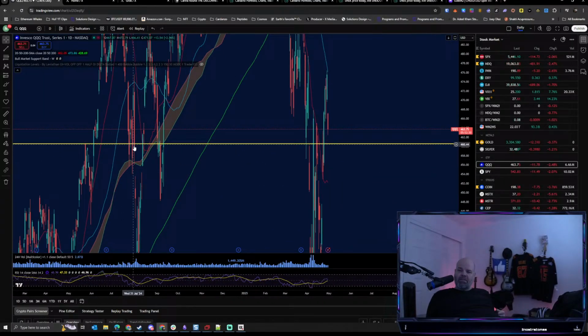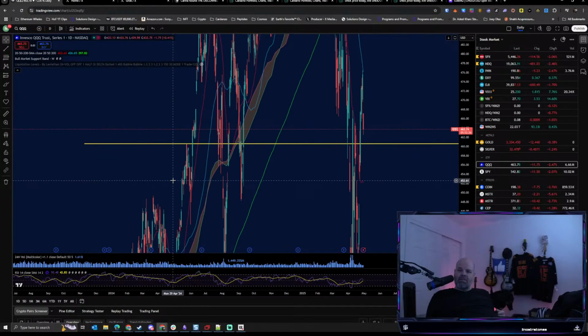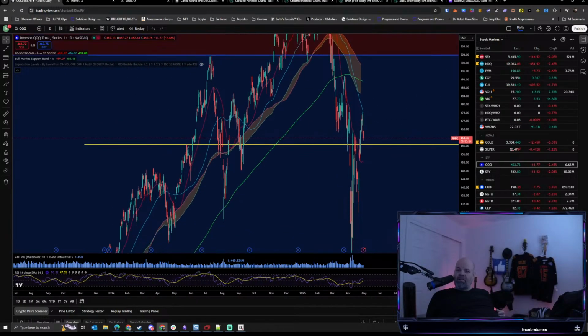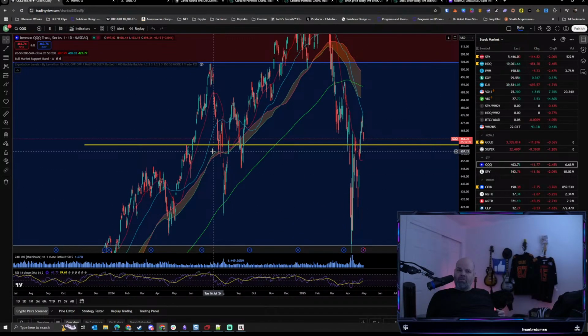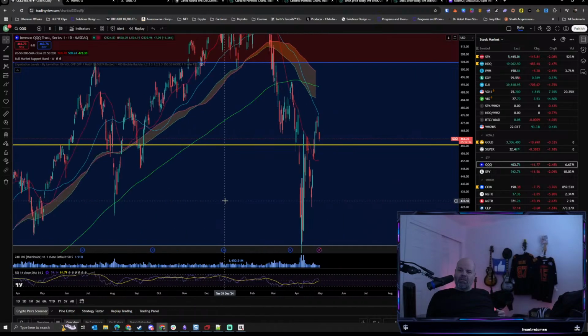But it lost that by a lot every time. And it was touching down on the bull market support band, which are the 20 and 21 on the weekly. And it actually came all the way down to the 200. So this would just be a short term thing, I guess.